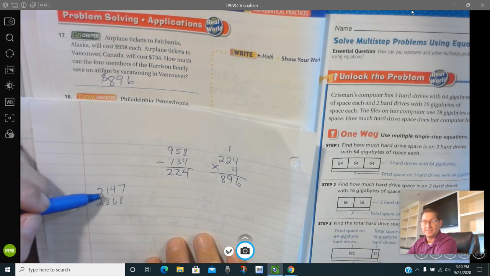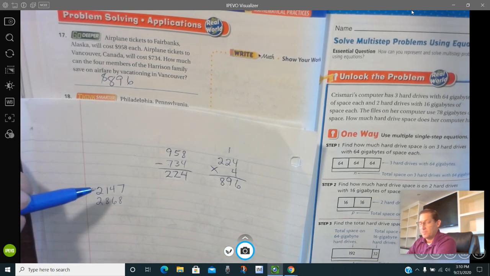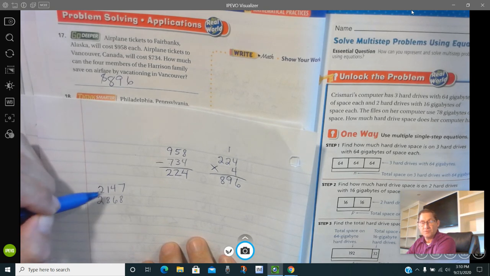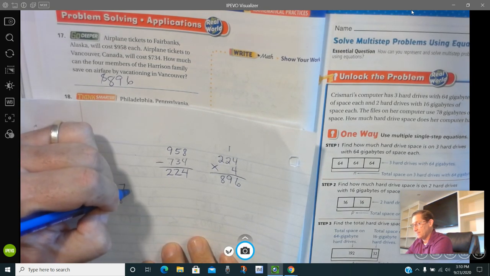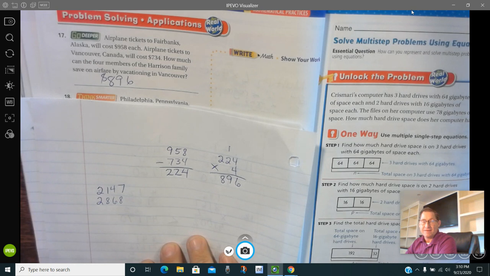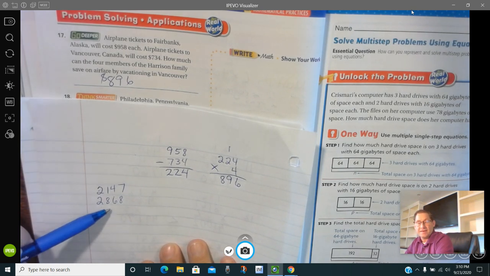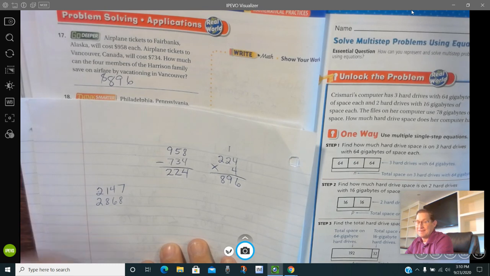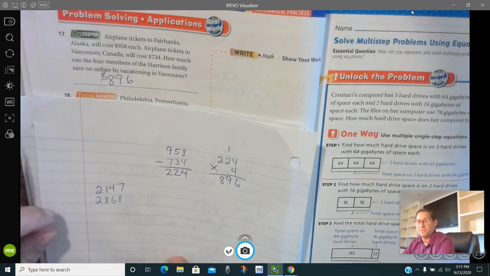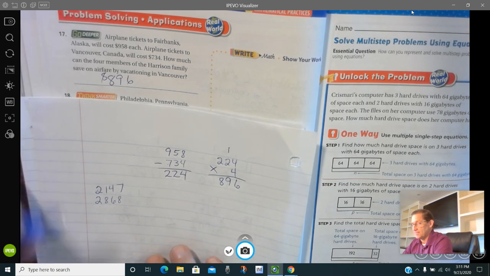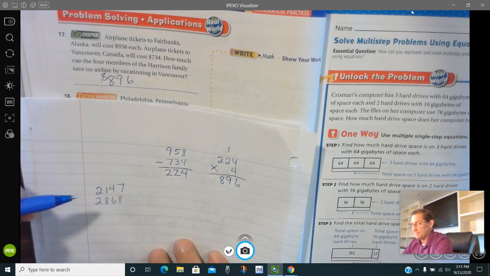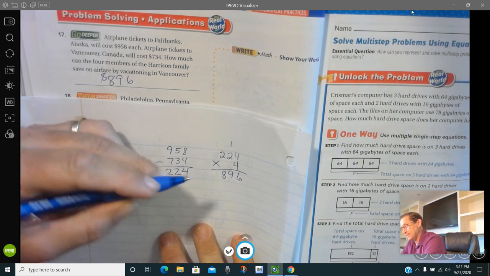These are the 2 distances. If we're talking round trip, I have to go there 2,147 miles, and I have to come back the same 2,147 miles. In this one, I have to go 2,868 miles, and I have to come back 2,868 miles. So I'm just going to find the difference between the 2 trips. How much further is it from Portland than it is from Salt Lake City to get to Philadelphia?